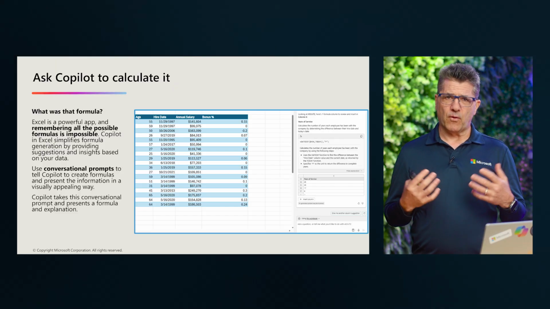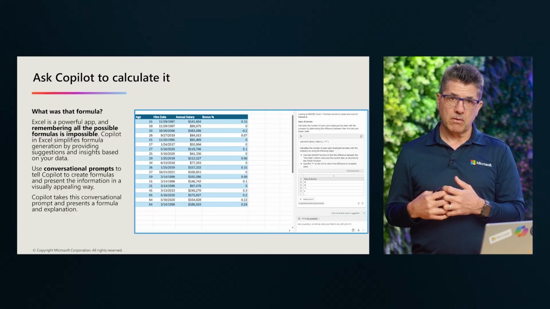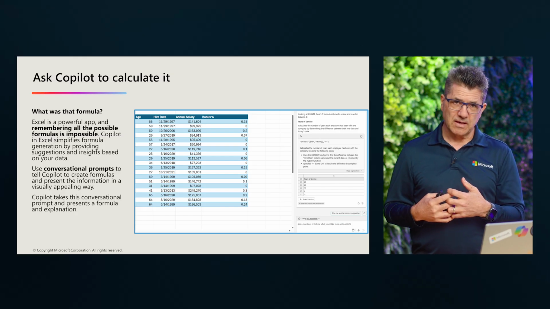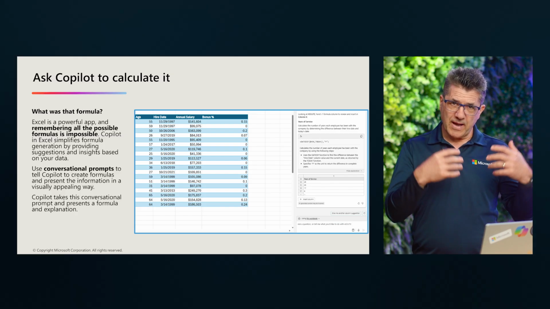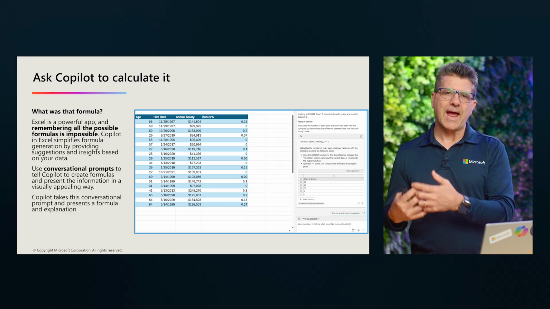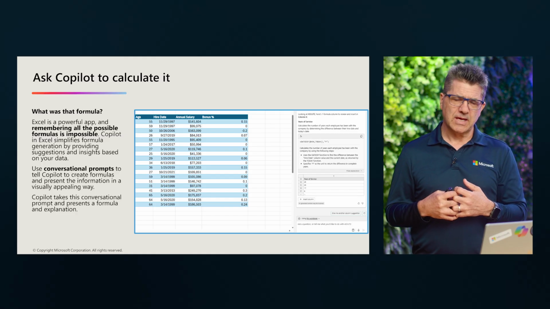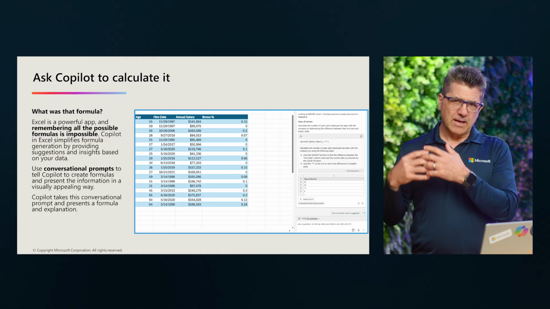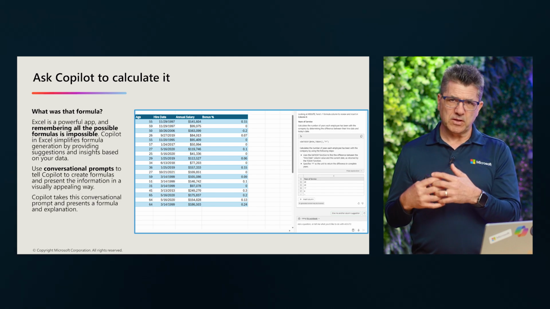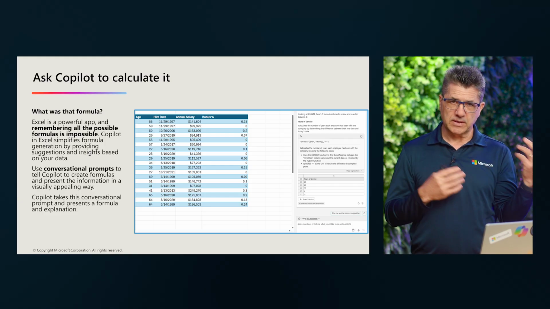Now, what about formulas, right? I want to be able to create a formula to do something. Well, there are two ways. You can ask Copilot to create those formulas. It is going to remember that. It's going to create those formulas for you. Or you can ask it to simply execute. When I am working on my data, on my spreadsheet, and I tell Copilot, I want to do this, summarize this column, it can give me the formula, and at the same time, it can say, hey, insert that or create that.